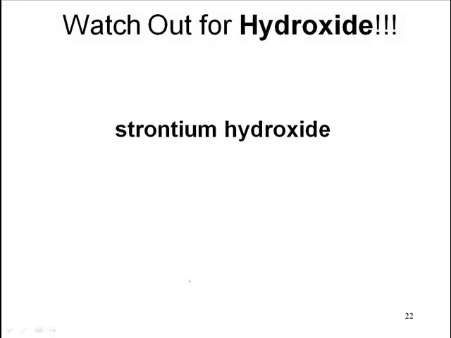Now, watch out for hydroxide. Strontium hydroxide. Sr, what's its charge? 2 plus. Hydroxide, looking at the ion sheet. It's an anion. Okay, OH with a minus. 1 minus, or just a single minus, is commonly written.